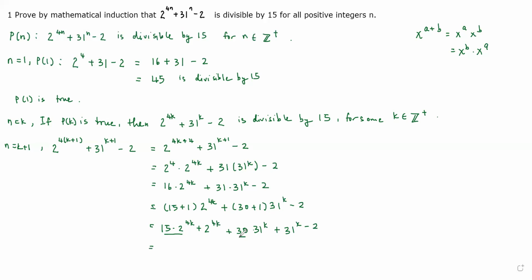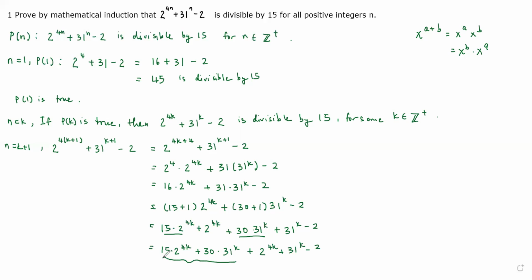Okay, we can group these two together and the rest as another term. That will give us 15 times 2 to the 4k plus 30 times 31 to the k, plus 2 to the 4k plus 31 to the k minus 2.